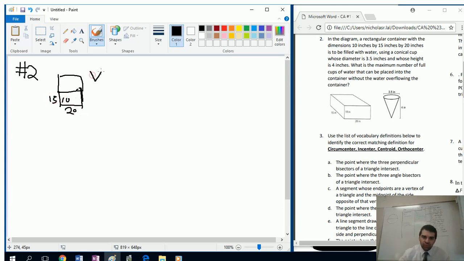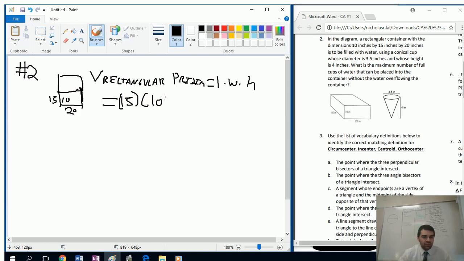And so the volume of a rectangular prism is going to be our length times our width times our height, or the area of the base times the height, doesn't matter how you do it. So the volume is going to be equal to 15 times 10 times 20. And that value, check with your calculator, it's going to be equal to 3,000.